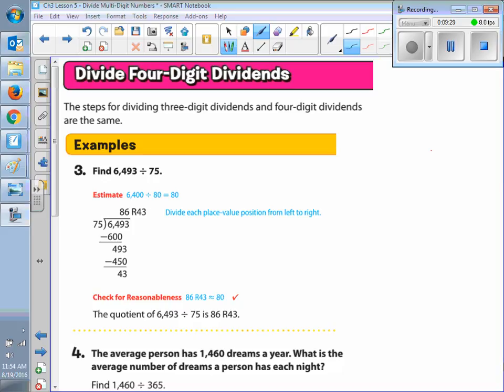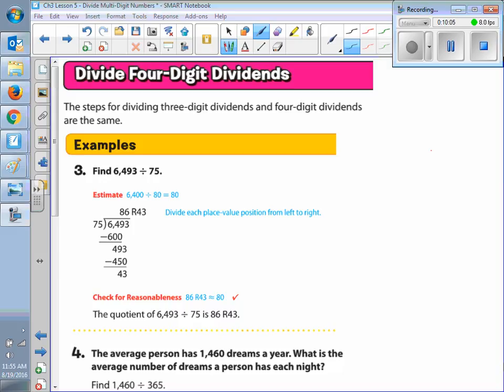And when we're using estimating, that's going to help us figure out what our first number is. Okay, so 6,493, let's say that's about 6,400. Okay, and 75, let's say that's about 80. Let's say it's about 8, just because those numbers jive together. So how many times does 80 go into 6,400?